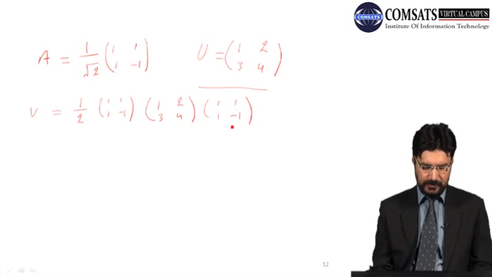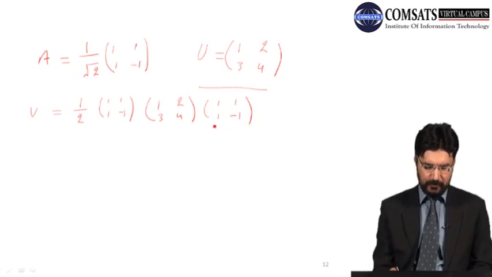So by matrix calculation it will simply come out to be 1/2 times 4 6, minus 2 minus 2, into 1 1, 1 minus 1.